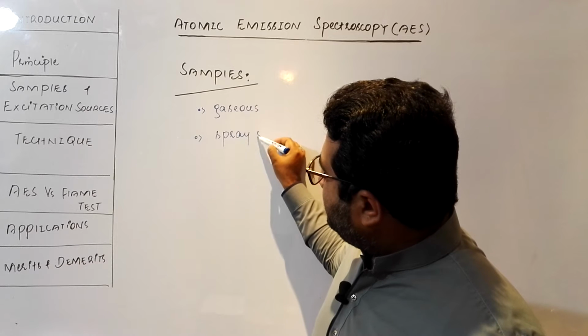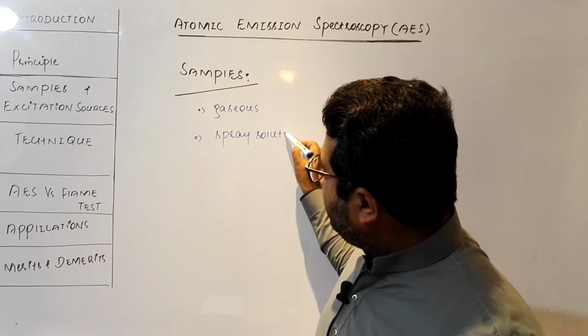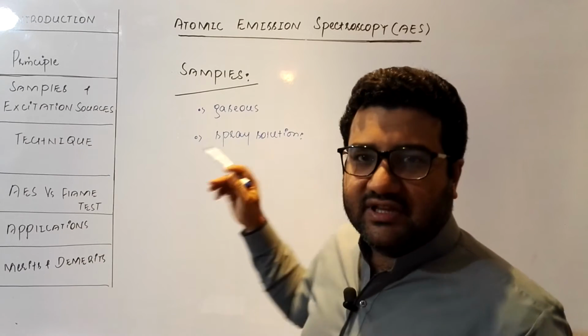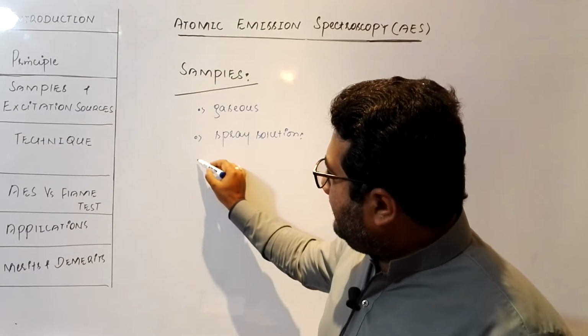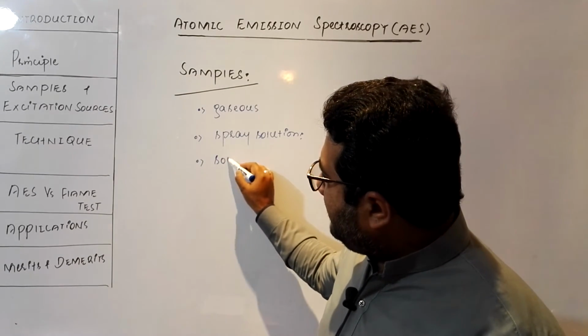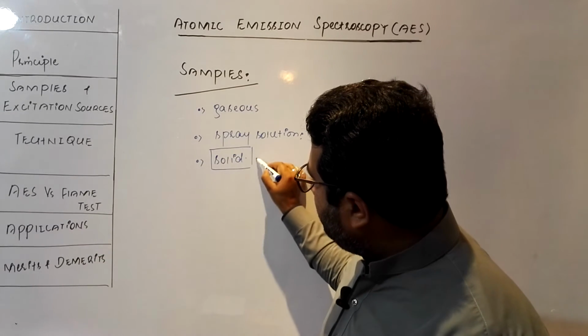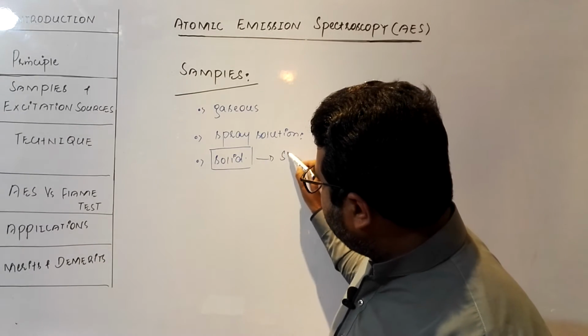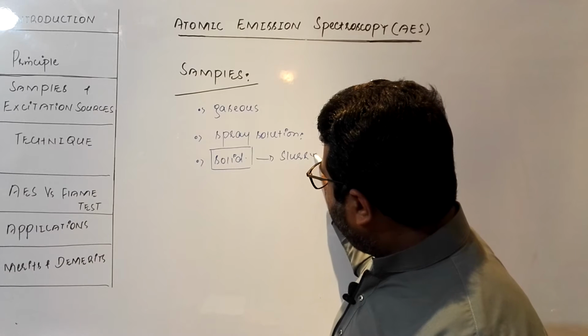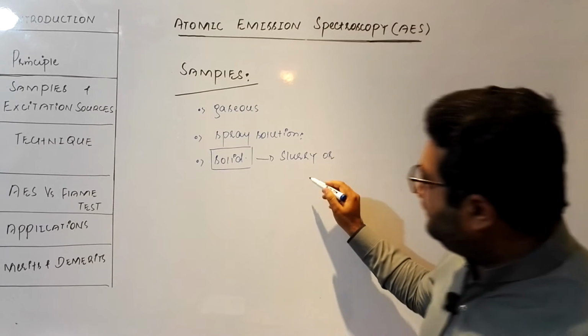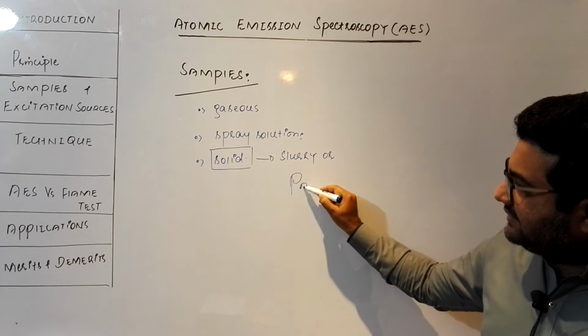in spray solution form. If there is a solution, that can be used in the form of a spray with the help of an atomizer, or even a solid sample can be analyzed, but in order to analyze this solid sample you will have to change it into slurry or paste.